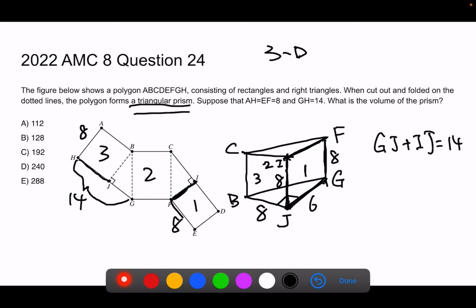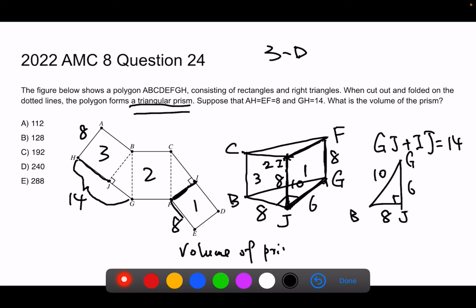Now you can see the bottom BGJ is a right triangle with legs 8, 6, so BG is going to be 10. And then the volume of the prism is the base area times height.